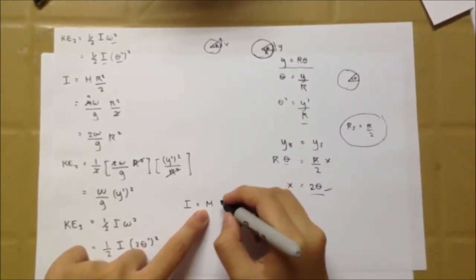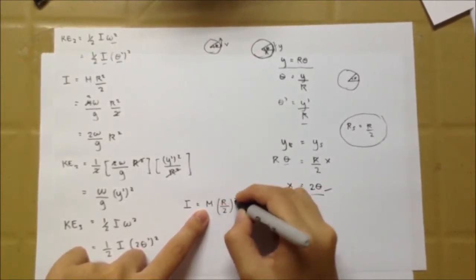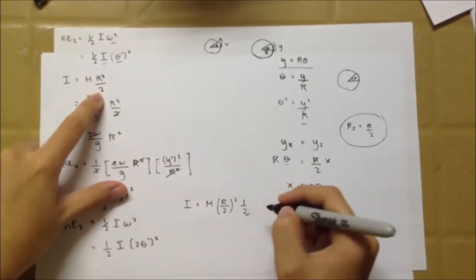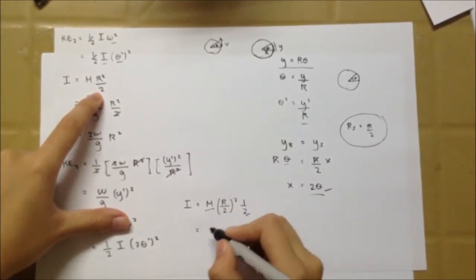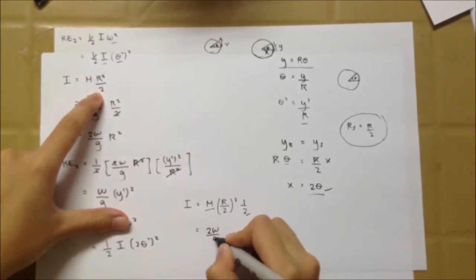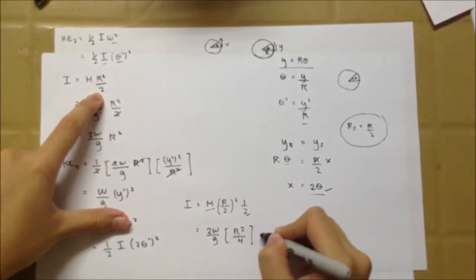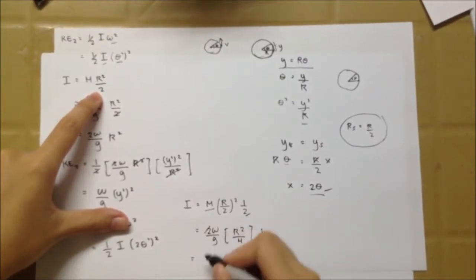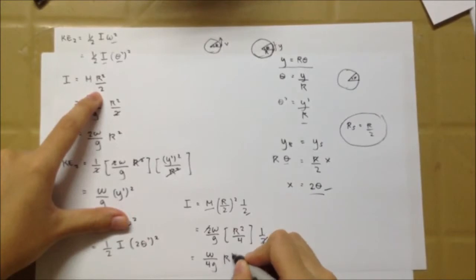So this is r over 2 squared times 1/2. Since the weight of your smaller pulley is 2w, its mass is 2w over g times r squared over 4 times 1/2. So the 1/2 will cancel here, and I'll have w over 4g times r squared.